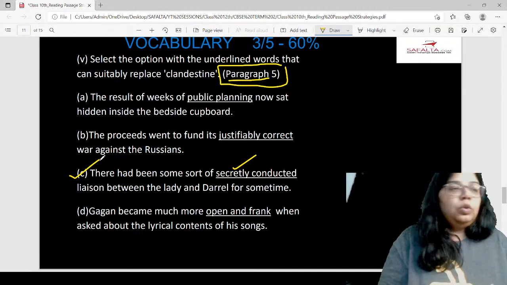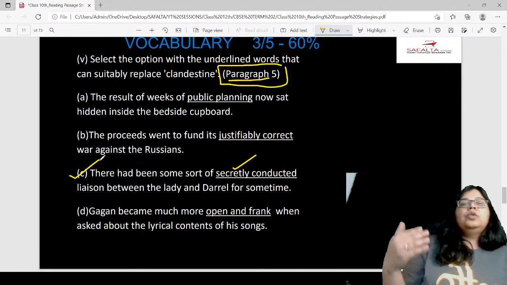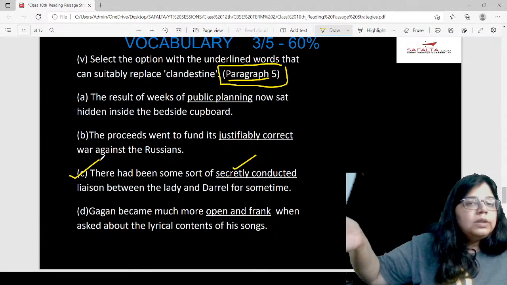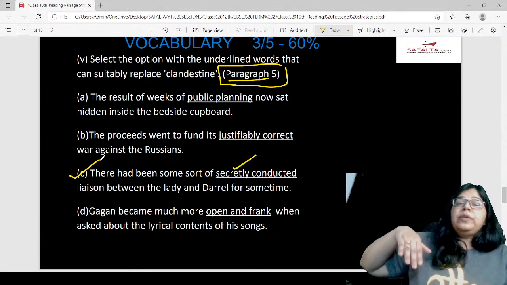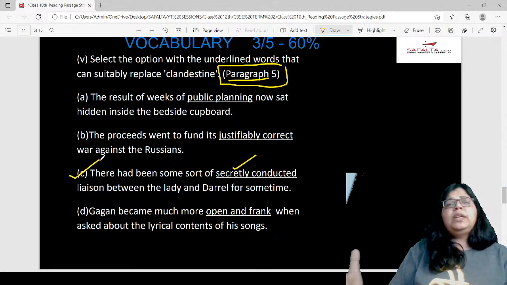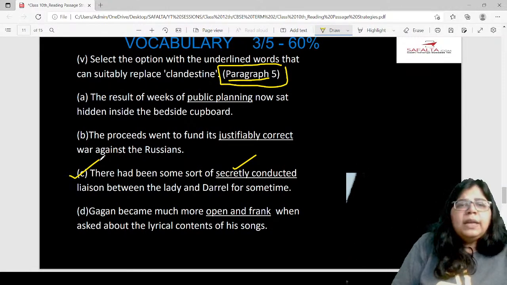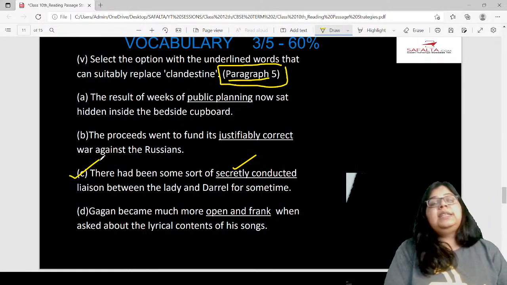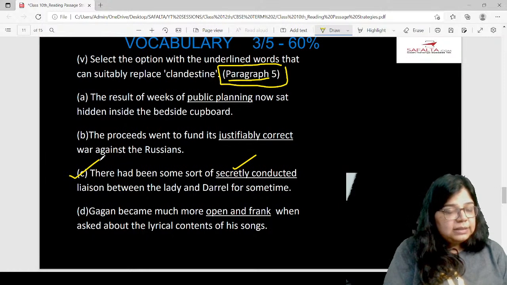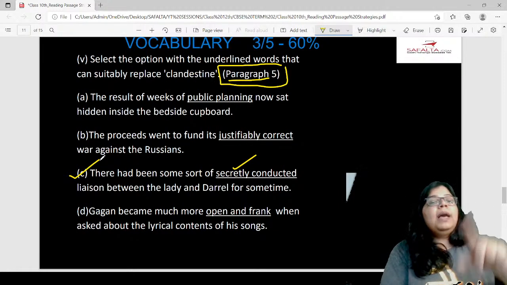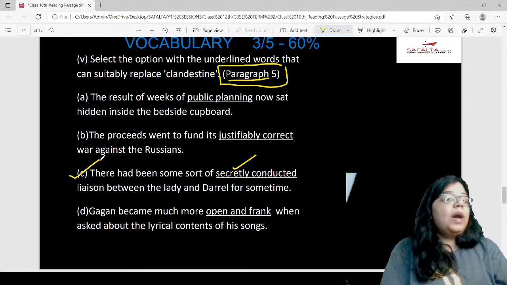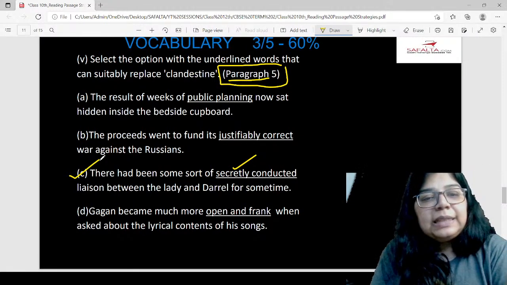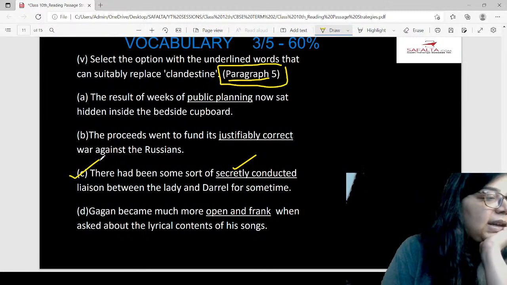Even somebody who has 25 years of teaching experience would not know all the meanings of the words of English. And even if they have a very good vocabulary, it's possible that we may forget at that point of time. So mostly we understand the meaning of words by reading them in sentences, and then you come back, read the question. The question said which of these underlined words can suitably replace clandestine, and then I knew it was secretly conducted.